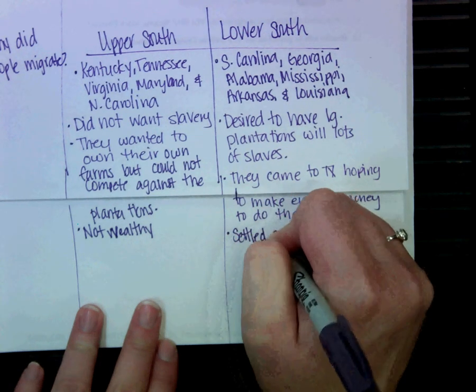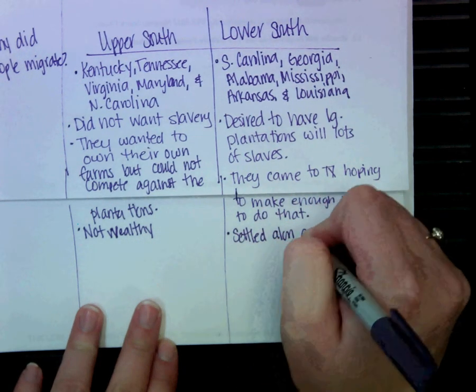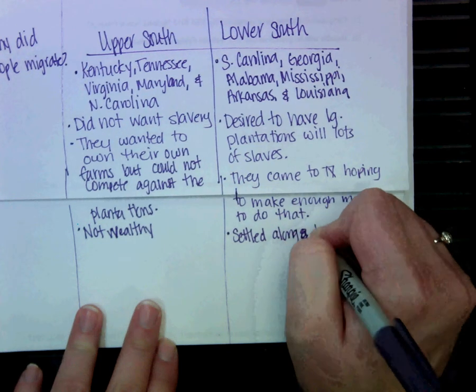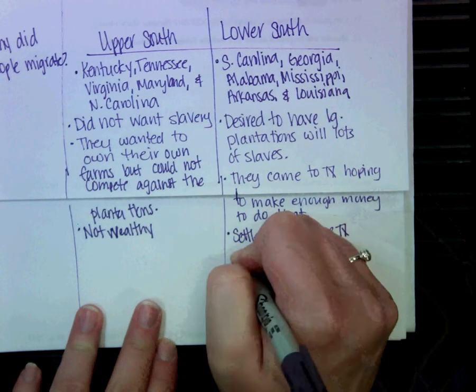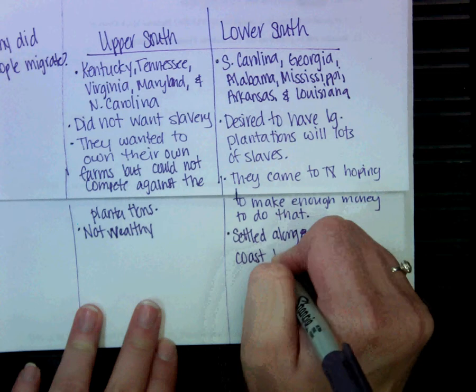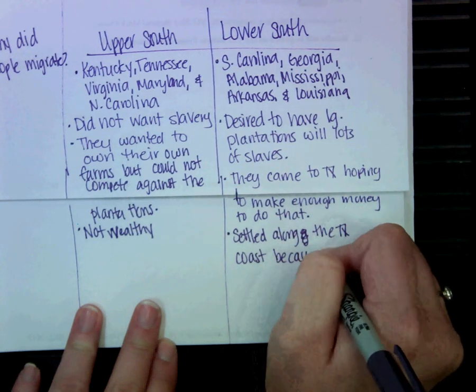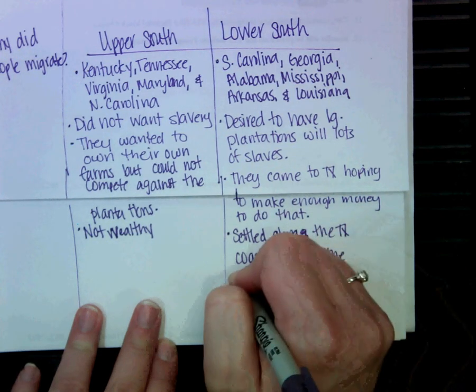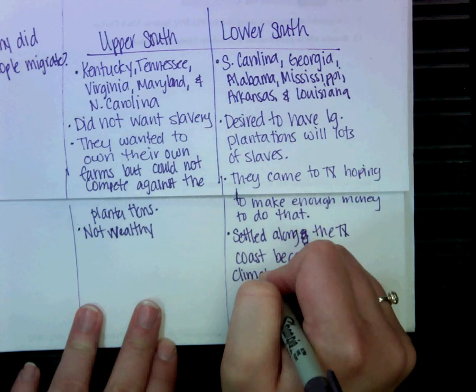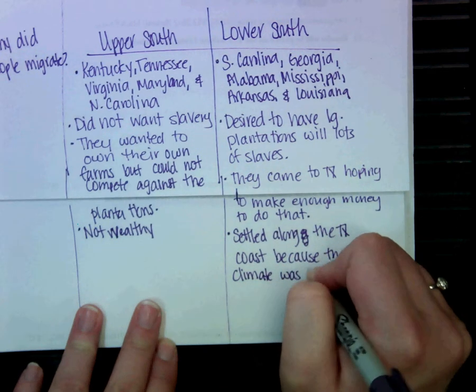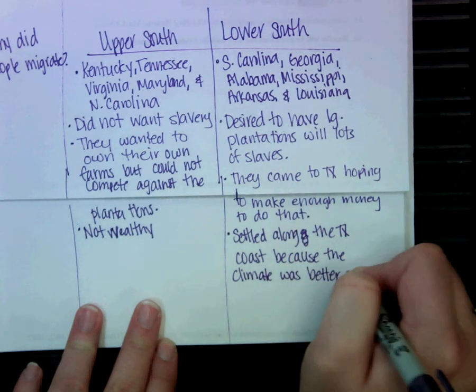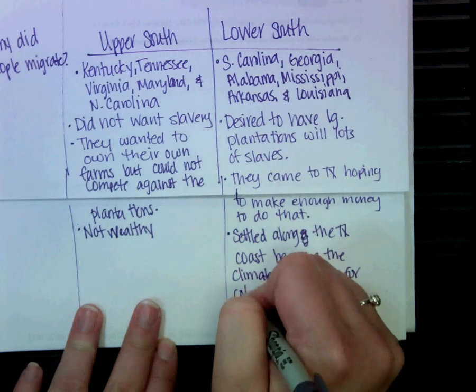They settled along the Texas coast because the climate was better for cotton growing.